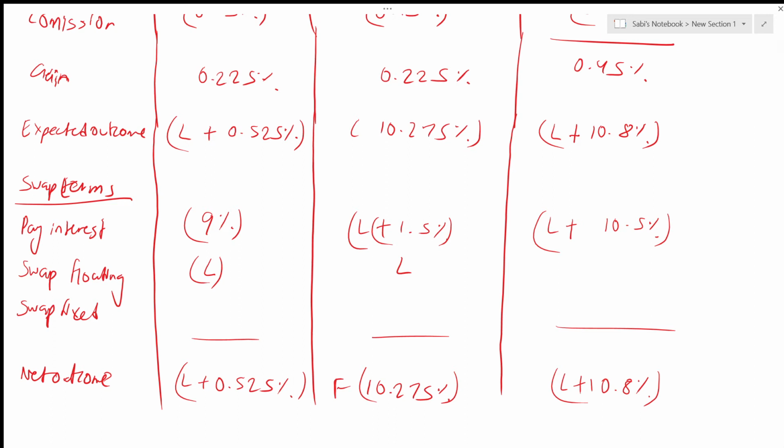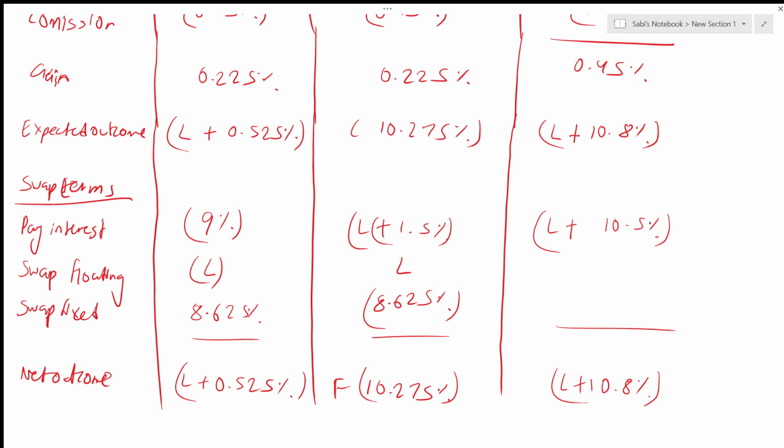So L gets cancelled. 1.5 is there. You're paying interest at 1.5 and on net outcome 10.275. That means the balance is 10.275 minus 1.5. So it will be 8.625%. This is payment in bracket. This will be received. Two companies, right? And one more thing you have to remember is if one company is receiving fixed, he cannot receive in floating also.